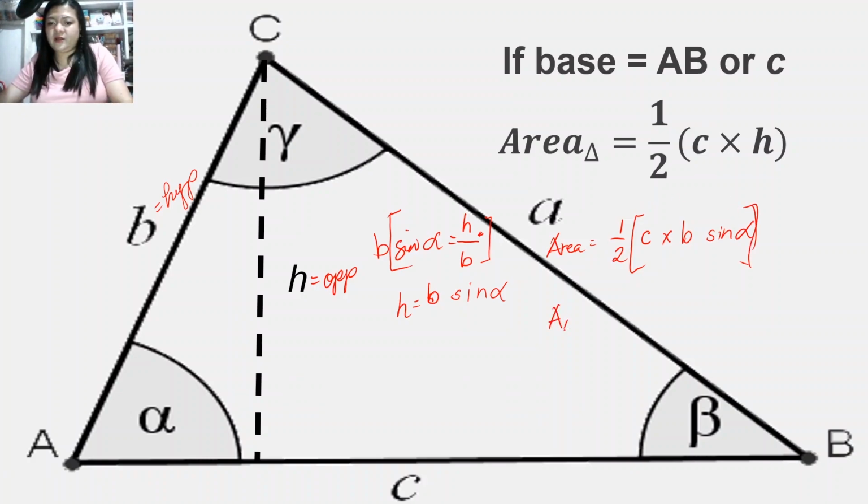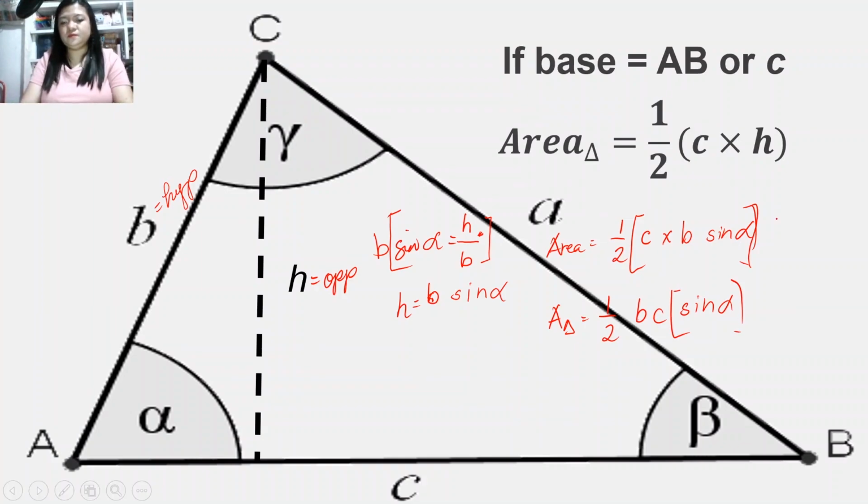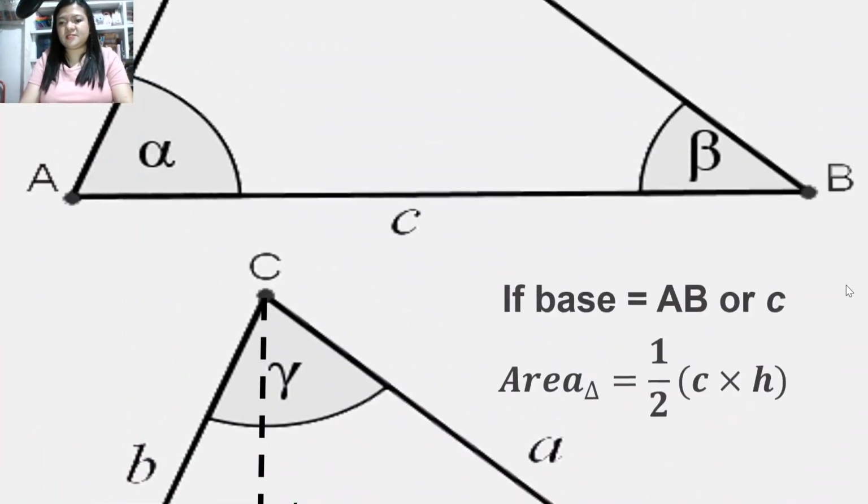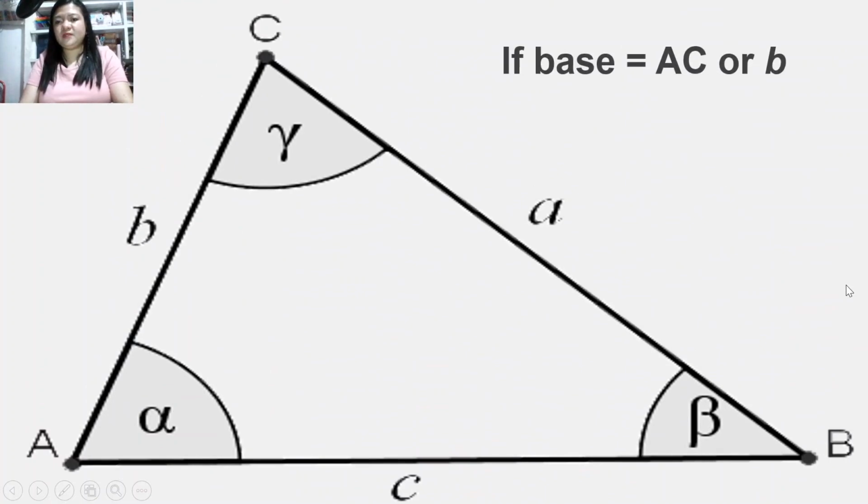Okay, so the area of this triangle is equal to 1/2 C times B can be written as BC, then sine alpha. Next, what if the base of this triangle is at AC, or side B?